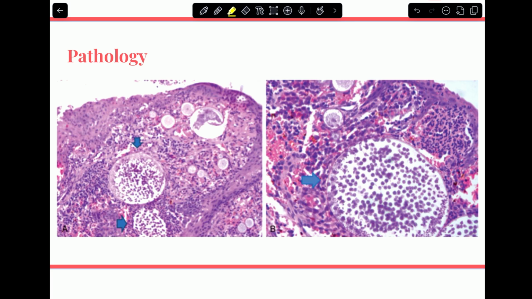So, in pathology, we'll see a lot of bleeding polyps, and the histopathological structure inside will be a vascular fibromatous structure consisting of sporangium. You can see this is highly vascular. This is a highly vascular fibromatous structure and will consist of sporangium in different stages of their life cycle.